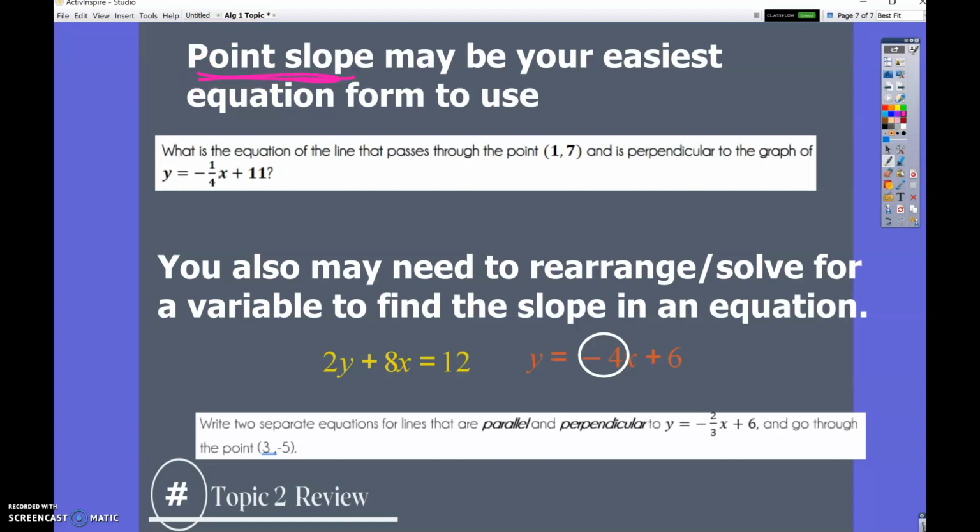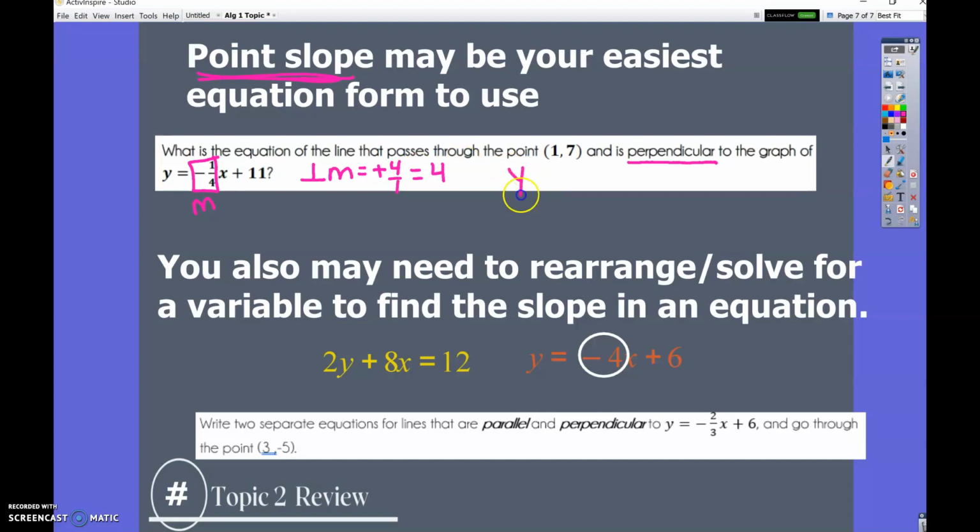Trying this example from your packet, we wanted a perpendicular line to y equals negative 1/4 x. So our slope is negative 1/4. That means our perpendicular slope, and remember this is the symbol for perpendicular if you haven't used it before, we would change the sign from negative to positive, which you don't have to write but you can, and flip-flop the fraction. So really our slope is 4.